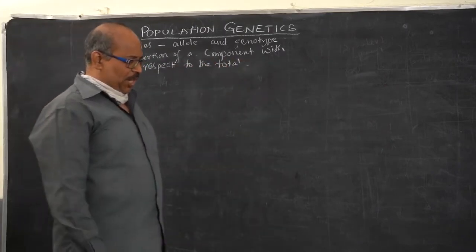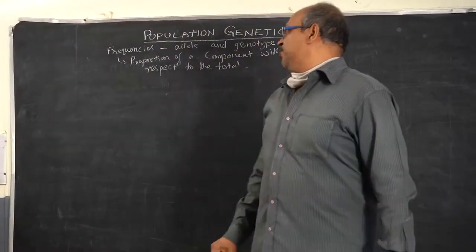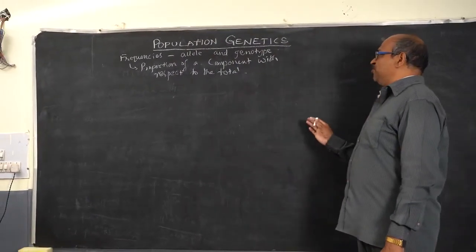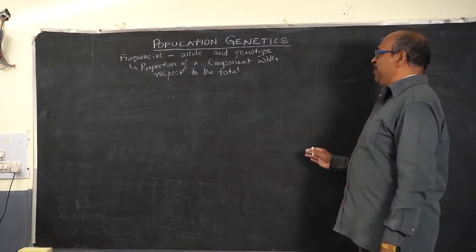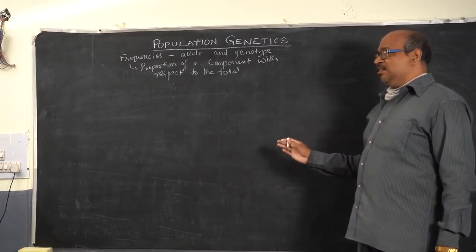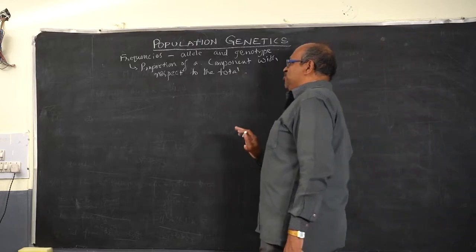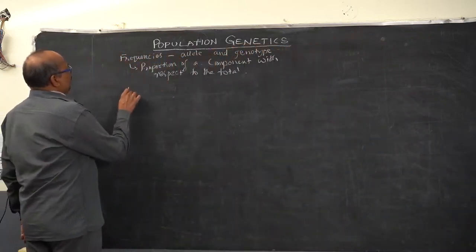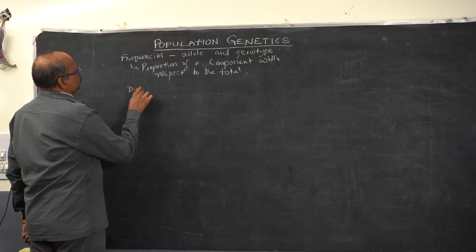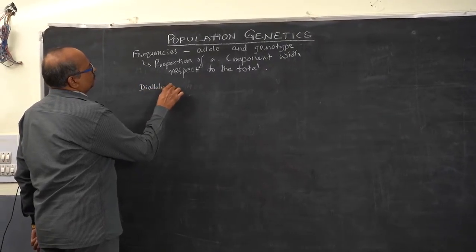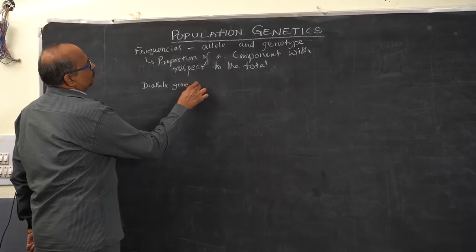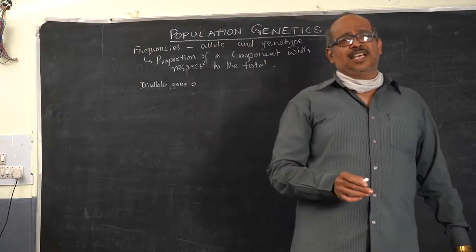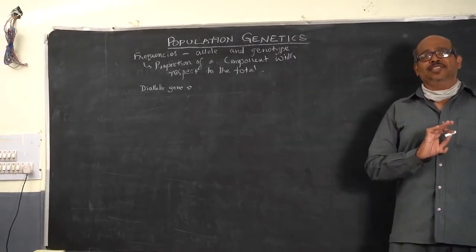So the two frequencies we have to take in the same way, in terms of the proportion of genes and the proportion of genotypes, in terms of all genes and all genotypes. Consider a diallelic gene. When you say a gene is diallelic, it indicates there are two forms of the gene.